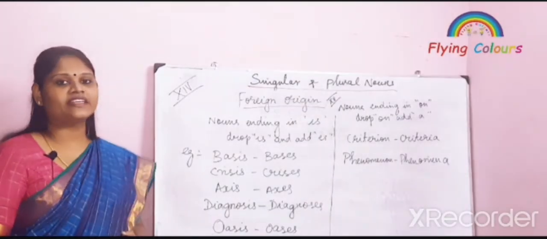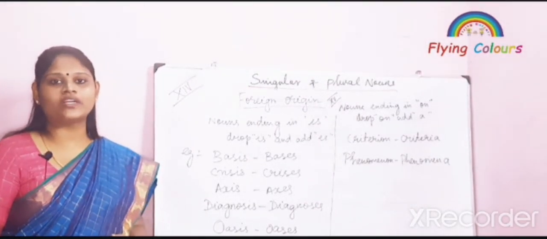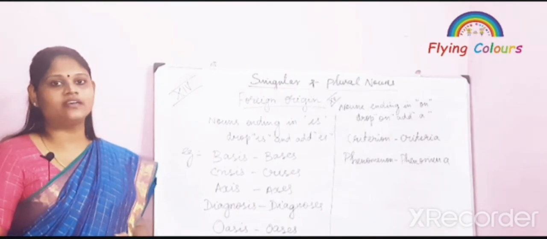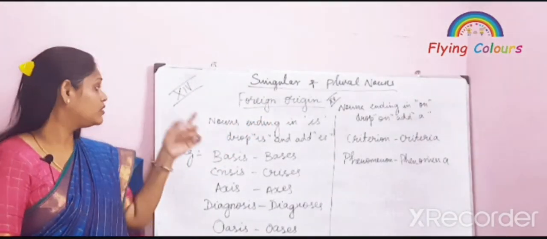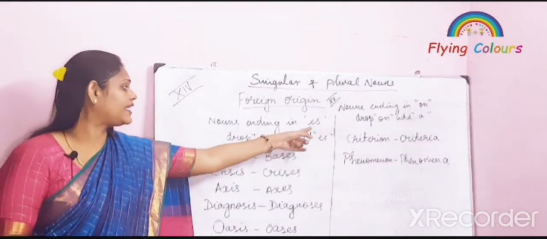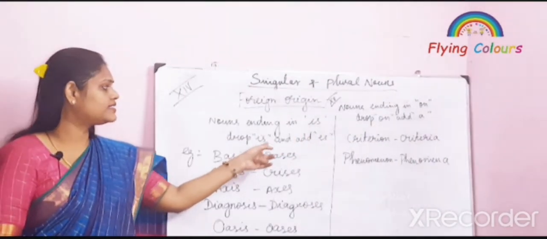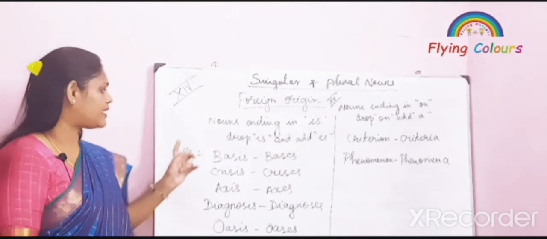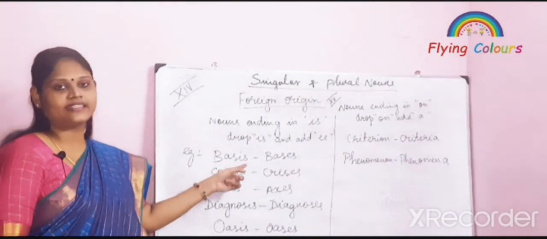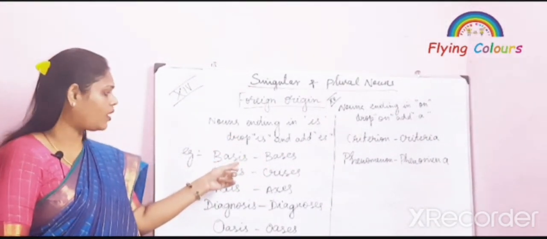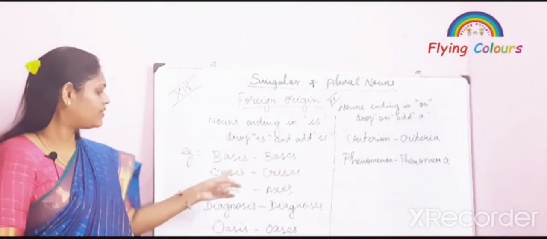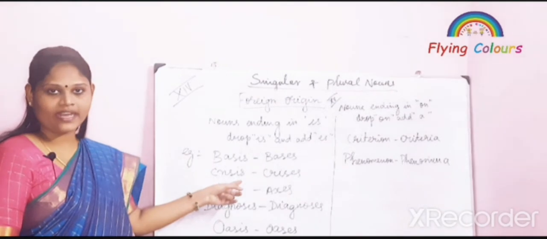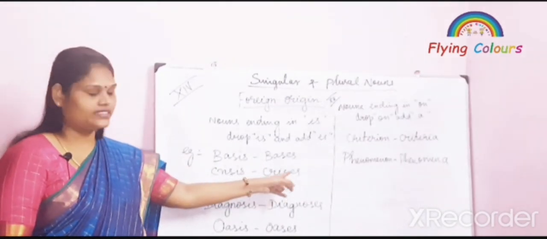The 14th concept of singular plural noun, that is noun number, is foreign origin. One more foreign origin. Nouns ending in IS, drop IS and add ES. For example, basis, bases. Drop IS, I have added ES to this. Crisis, dropping IS and adding ES, crises.